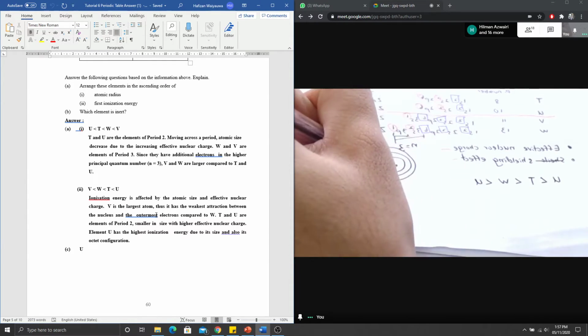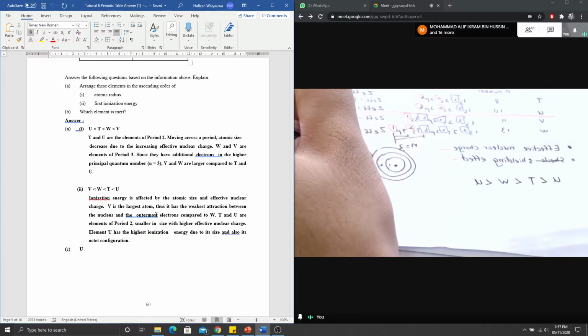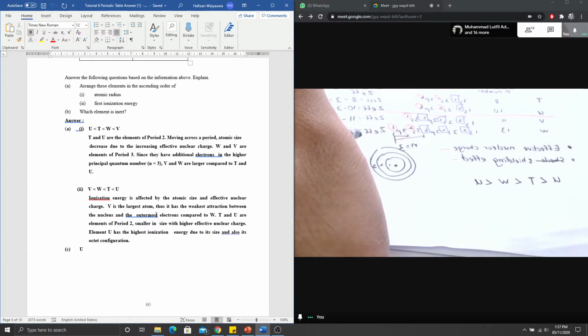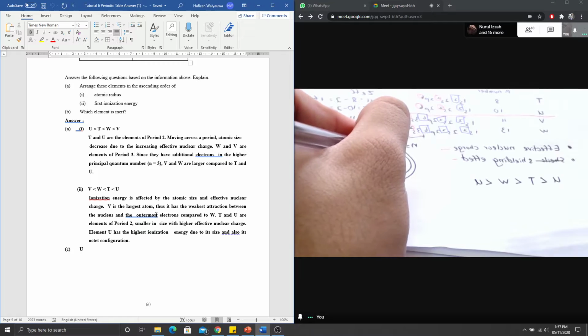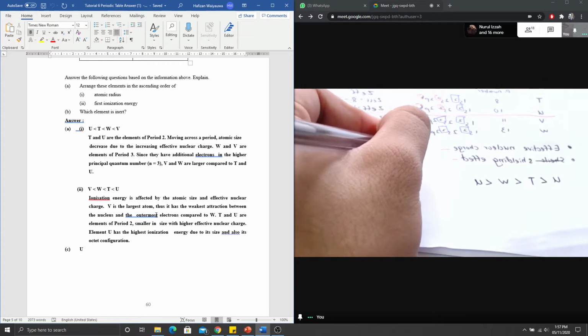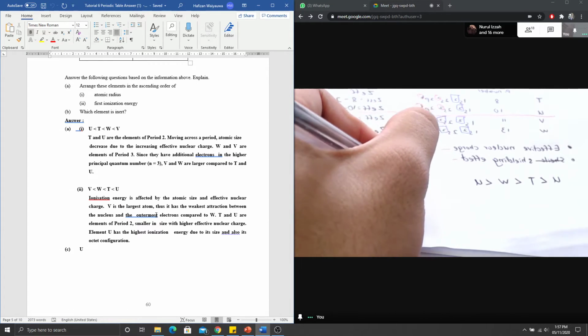The same distance. Kalau 3, tak kisah dia 3P ke 3D, ada tak? Kalau 3D pun ada kan? Tapi they are around the same area.